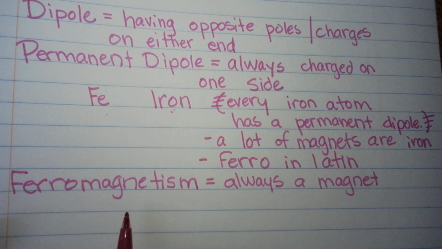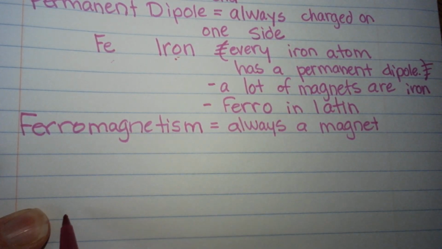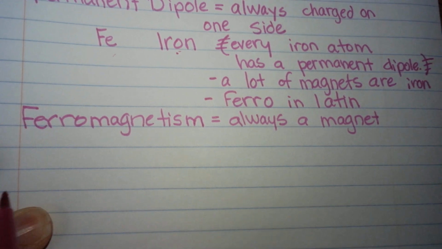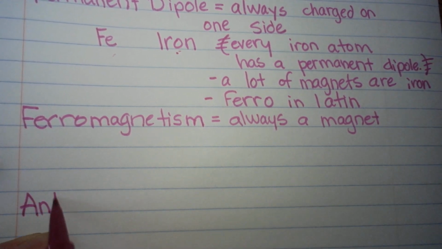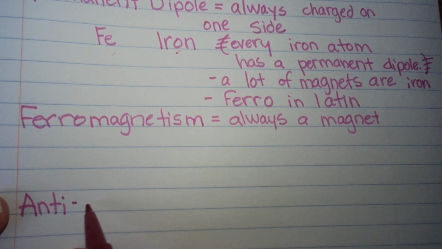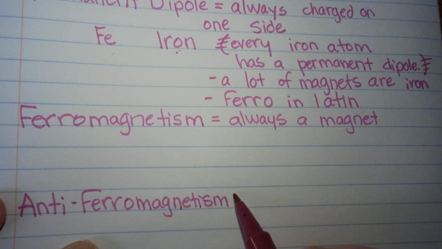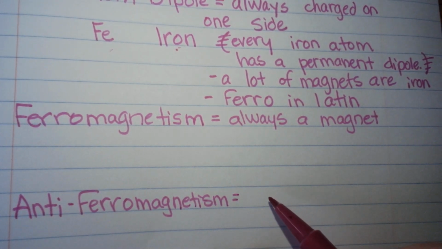I'm gonna leave a couple of lines here so that I can draw something else here in a second that we're gonna talk about. But the next word that you need is anti-ferromagnetism. That means, what do you think?